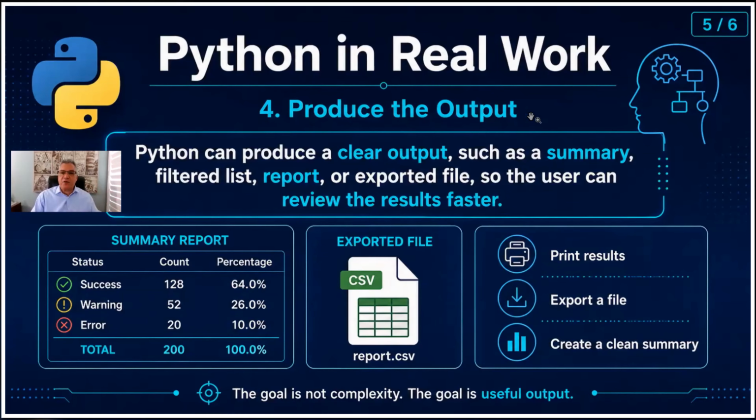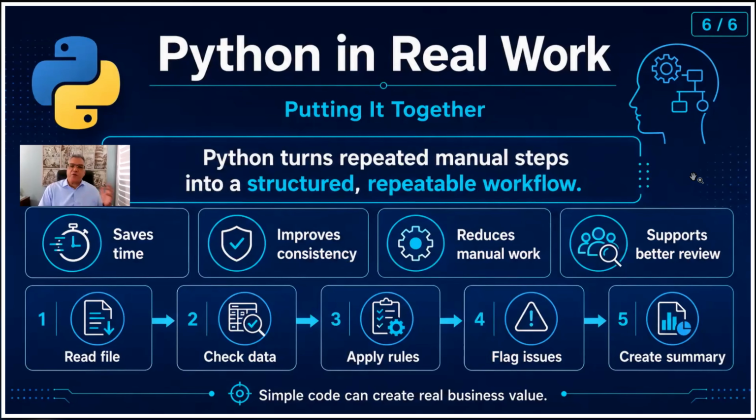And now it's time for the output. You can ask Python to provide you a summary, report, or any other format that you want. You can ask Python to print the result. You can export it in a file and create a clean summary. You can just ask anything and Python will do it for you. Let's put everything together.